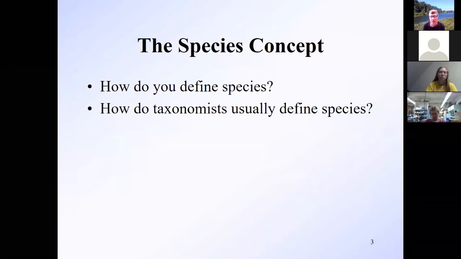What is a major problem with requiring that two organisms that we're trying to decide are distinct species be able to reproduce? Why is it a problem with the biological species concept, that if they can reproduce with each other they're the same species, but if they can't, they're different species?